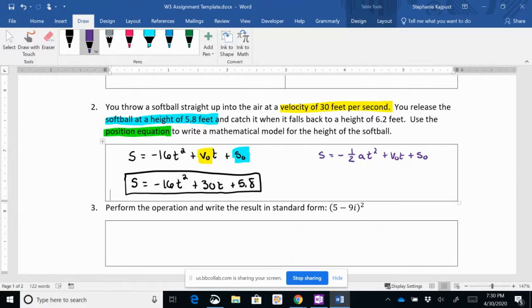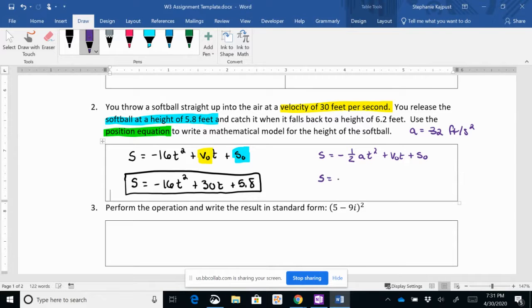Physics usually does stuff in metric, so their values are in meters per second versus feet per second, which makes more sense for us. Now, a is acceleration due to gravity. In US units, a is equal to 32 feet per second squared. In metric, it's 9.8 meters per second squared.